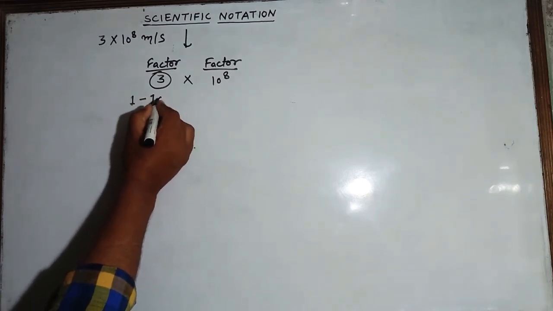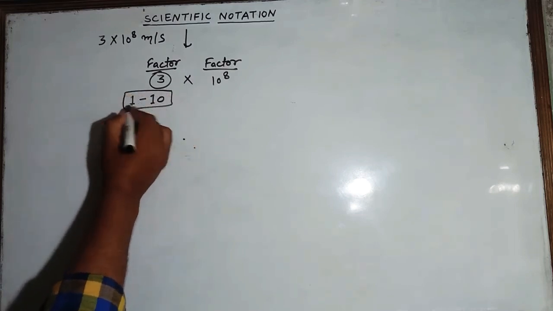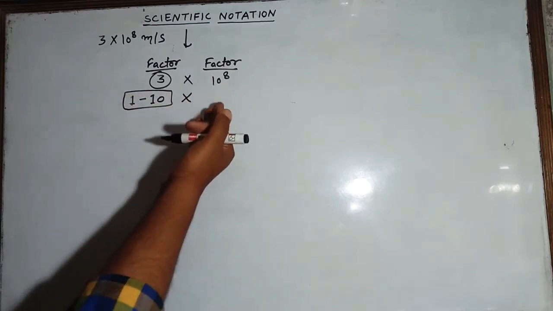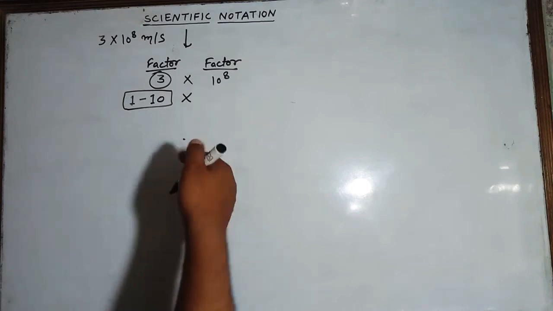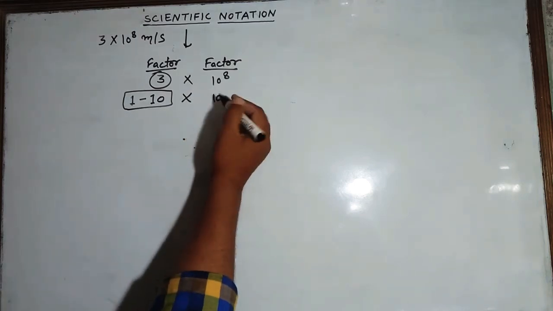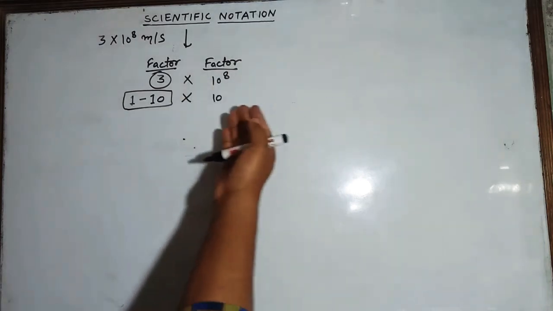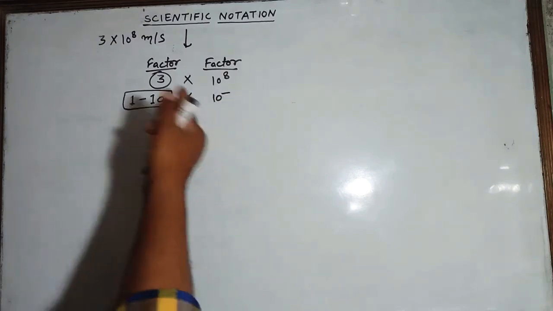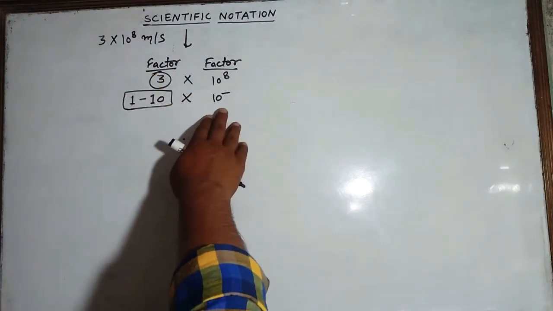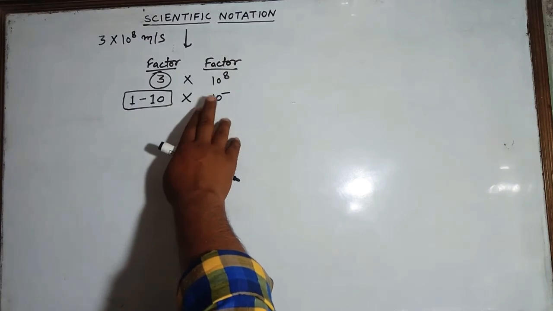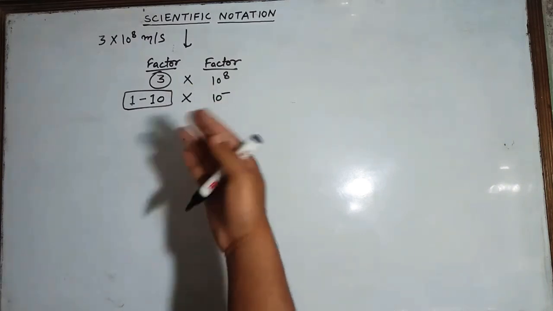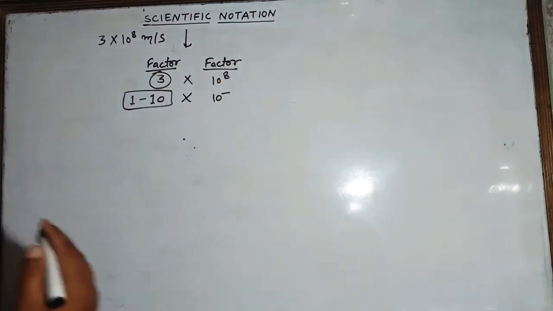Then you write the second factor, a power of 10. It can be 10 to the power 1, 2, 3, 4, 13, 14, any number as per the question. The second factor should be a power of 10 only. This is our scientific notation.